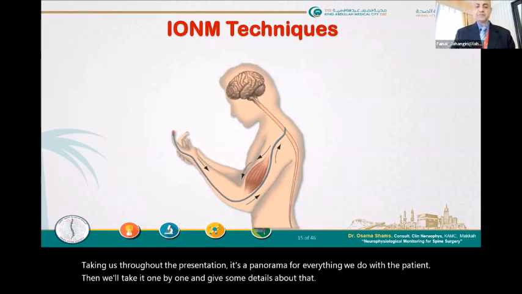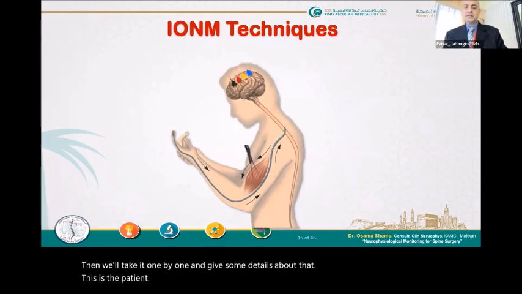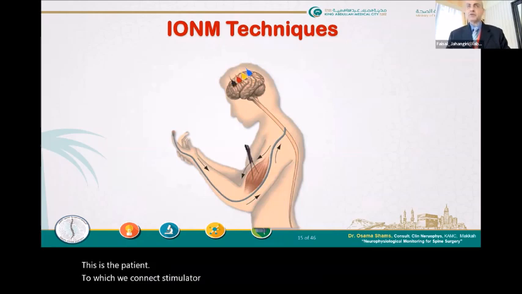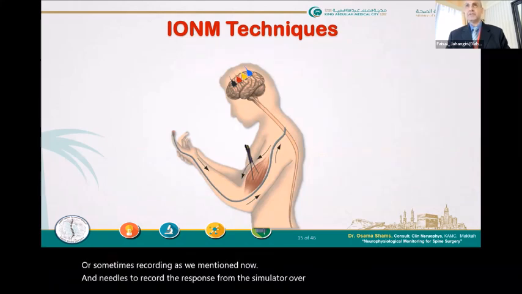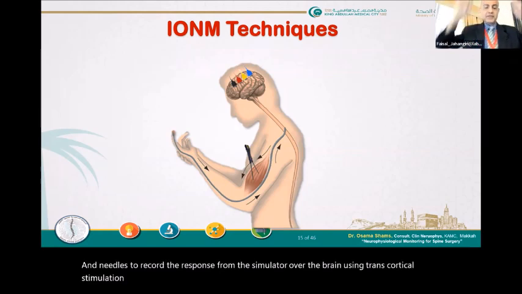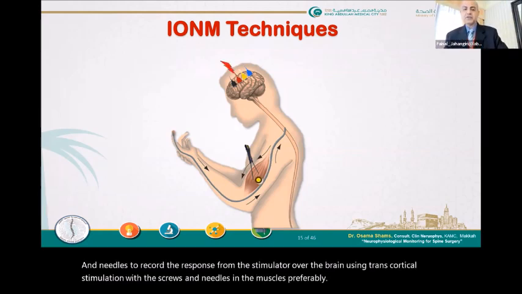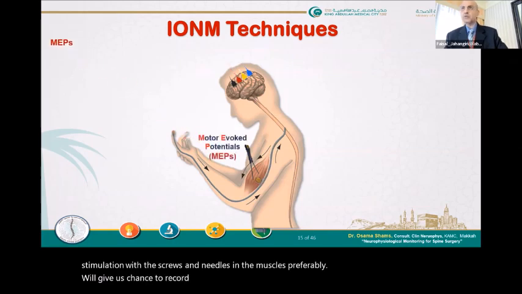This is the patient to which we connect a stimulator over the cortex, or sometimes recording, as we mentioned now, and needles to record the response from the stimulator over the brain. Using transcortical stimulation with the screws and needles in the muscles peripherally will give us a chance to record what we call motor evoked potentials.